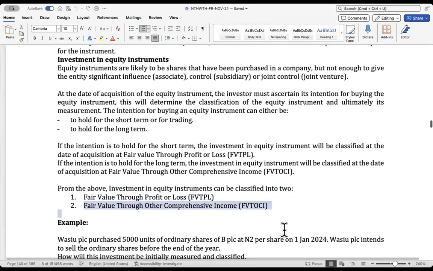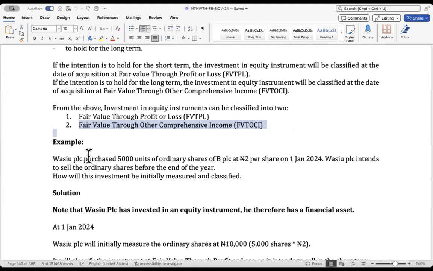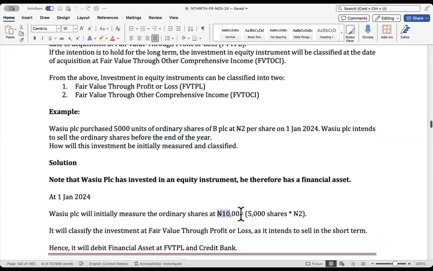That being said, if you have a company that purchased 5,000 units of ordinary shares from another company at 2 naira each, and the investor intends to sell the ordinary shares before the year end, that means he's holding it for trading. So how is it initially measured? He will initially measure it at 10,000 naira, which is the amount he paid for the shares: 5,000 units at 2 naira each.